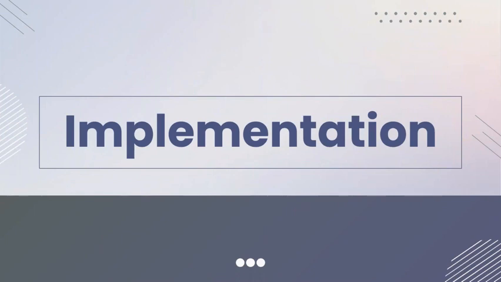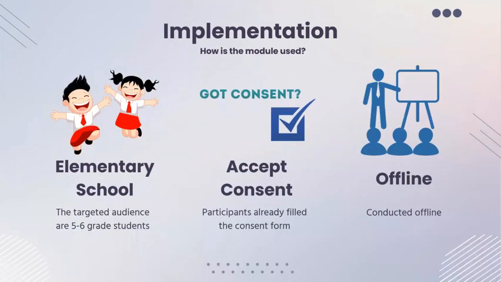The next part is the implementation. So for the implementation part, the question is, how is the module used? In this part, I invited some of my relatives to participate in playing my module. They are elementary school students, as I mentioned, from 5th until 6th grade.